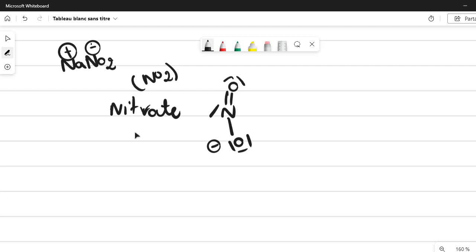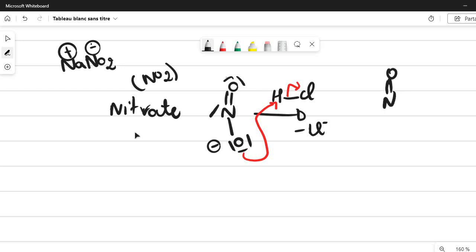Under acidic conditions using HCl, so we are going to form, well, let me try to write the mechanism, it would be better. So we are going to form like this, to grab a hydrogen, and then we form an oxygen, and then we form OH.